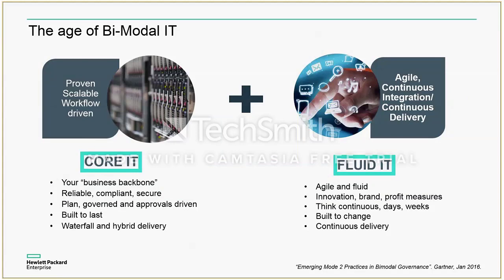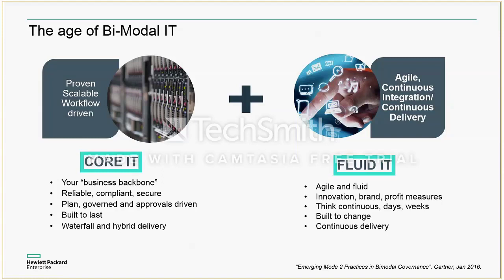We have core IT solutions. These are the backbone type solutions, things like your SAP, your Oracle, things that aren't going to change. They're planned, governed, they're built to last, maybe built from a waterfall or hybrid delivery. But then we also have our agile and continuous integration solutions, or more fluid IT, thinking things like mobile or web applications that are changing daily, and we're having to live up to customers' expectations and having continuous delivery of our solutions.